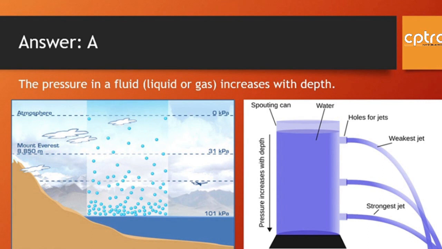Now each of those particles is exerting force on the area. So since there are more air particles at the bottom, it is expected that there would be greater force at the bottom than at the top. Then that creates increasing pressure from the top to the bottom, meaning as you go down in the air, the pressure is increasing. As you go up, the pressure is decreasing.